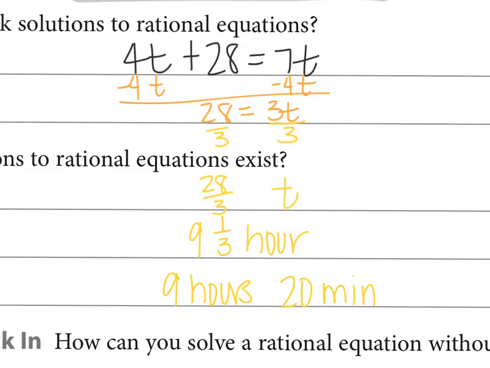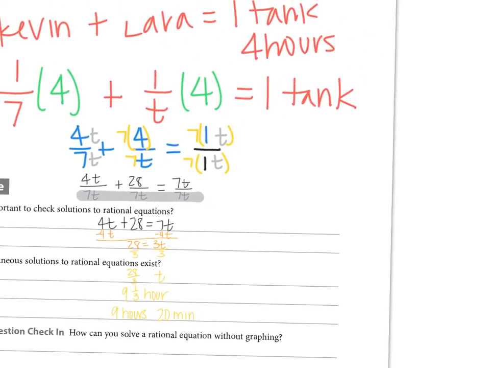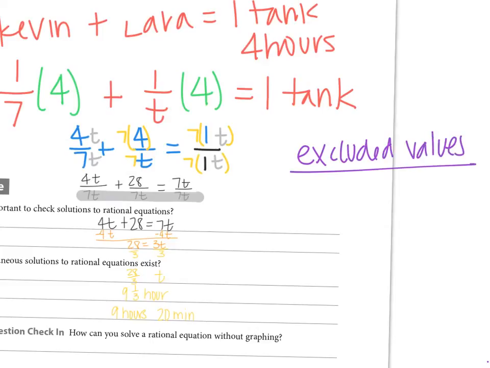Now, the only thing we have to do is make sure that that doesn't conflict with our restricted values. Those restricted values, or excluded values, are going to get you every time. So remember, my excluded values happen whenever my denominator equals 0. All my denominators had a simple factor of 7T, so that cannot equal 0, which means that T cannot equal 0, so Laura's time cannot be 0.